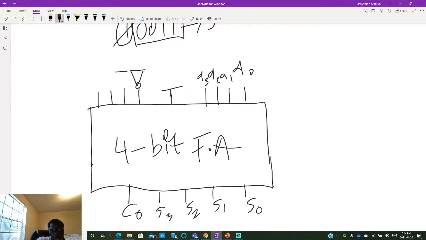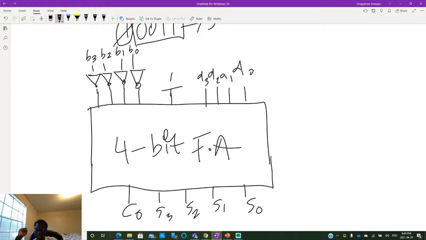And this is basically a subtractor block.